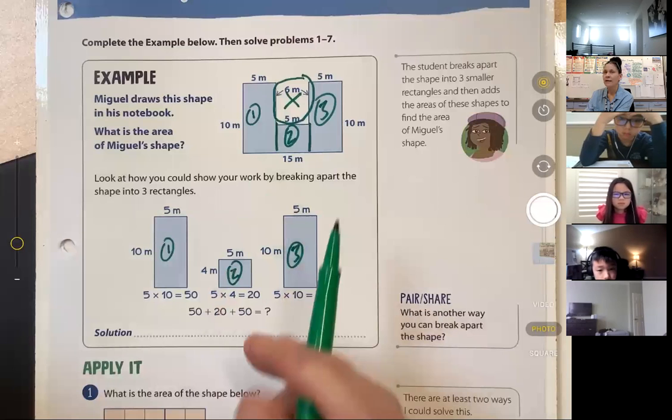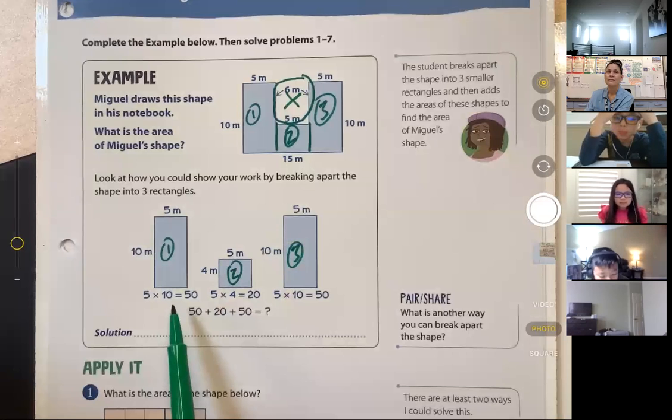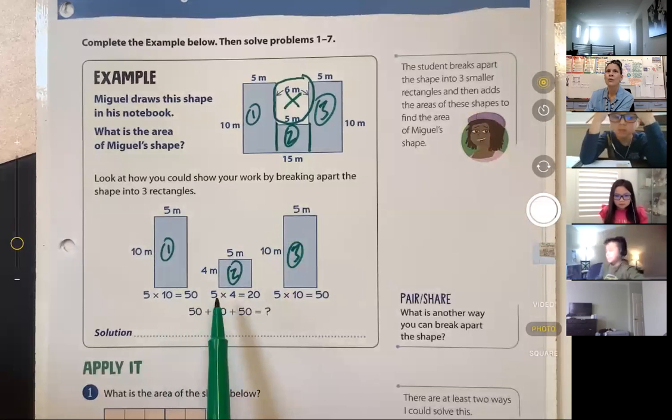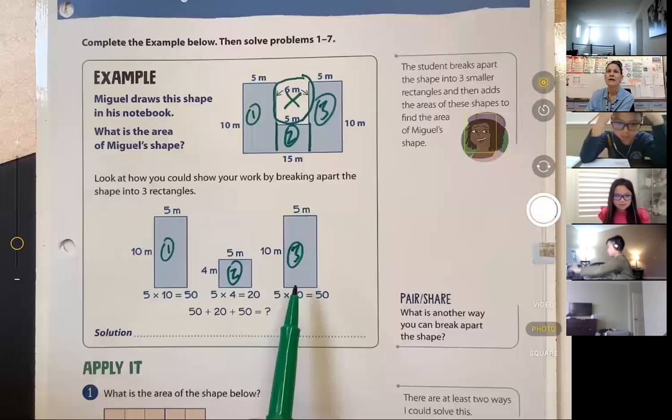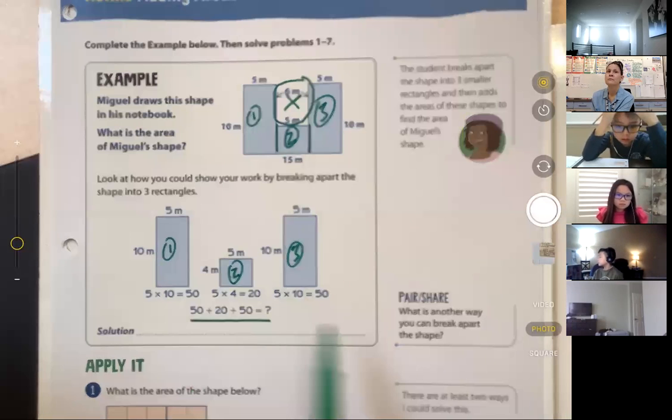So piece number 1, we have 50 square meters. Piece number 2, we have 20 square meters. Piece number 3, 50 square meters. And then, friends, it becomes an addition problem.